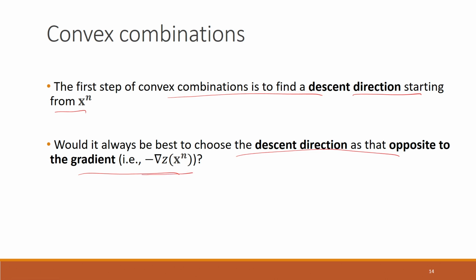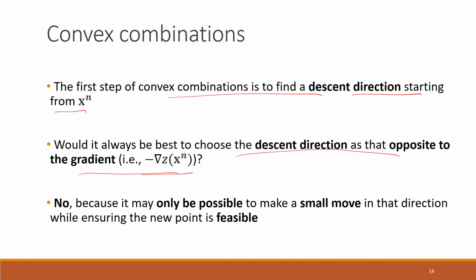The thing is that it may not be always the best choice, because it may not be possible to move significantly in the direction, because there might be some constraint that might be preventing us from doing that. So you might reach a point which is infeasible very quickly.